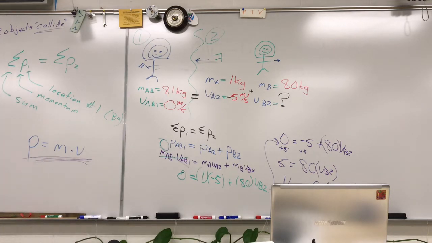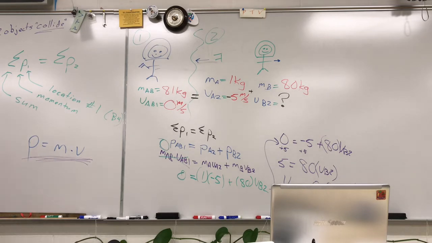Not very fast, right around 6 centimeters per second or so. Now the original question was, hey, 15 meters, 5 minutes, will she make it? The answer was yes, she makes it in about 4 minutes. Conservation of momentum: the sum of all my momentum before is equal to the sum of all my momentum after.